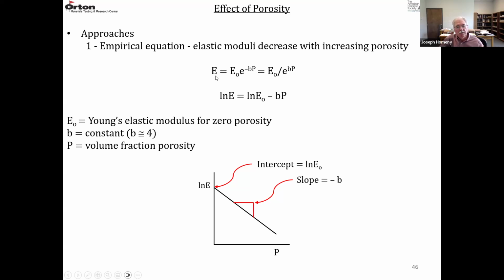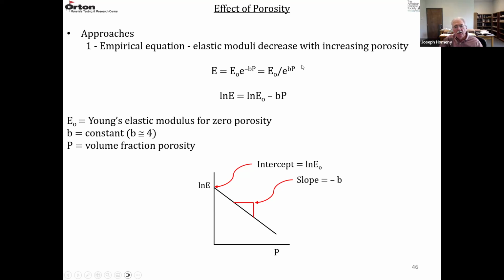So here's an equation for Young's modulus: E equals E0 e to the minus B times P. E0 is the Young's elastic modulus for a material without any porosity. B is a constant in this equation, usually about 4 for most refractory materials. And P is the volume fraction porosity.